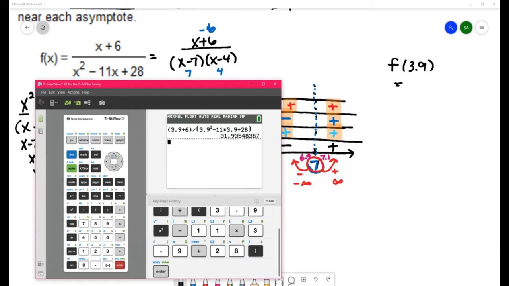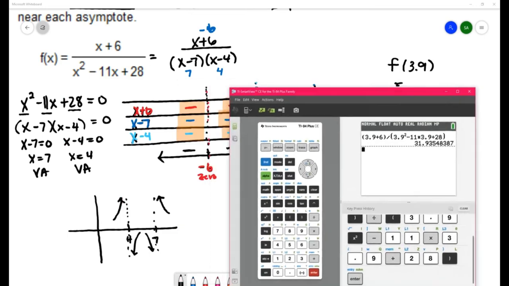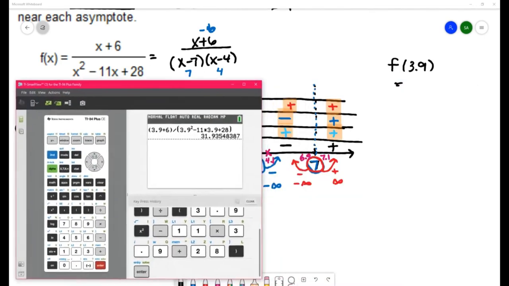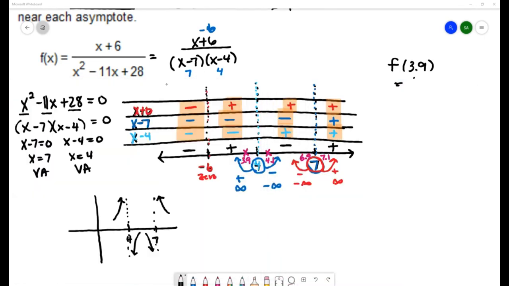And all we need to pay attention to is whether we get positive or negative, and we got positive, and that matches what we saw on our graph. Then we do it again for 4.1.